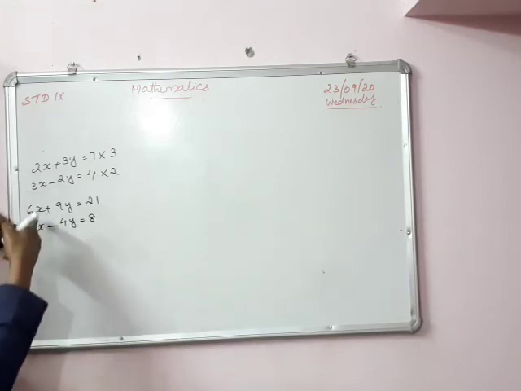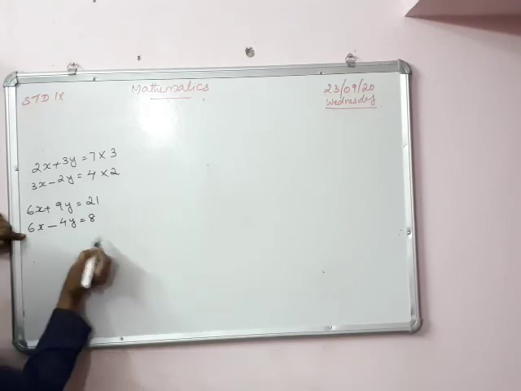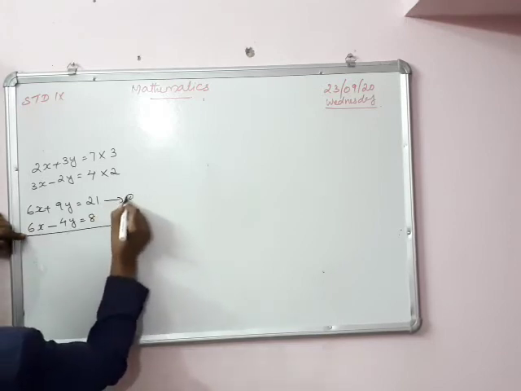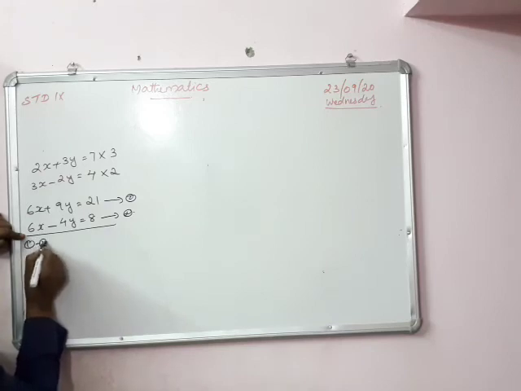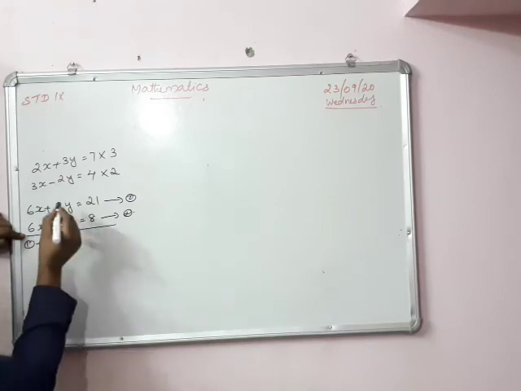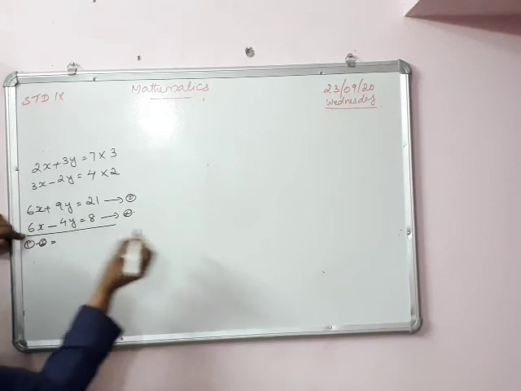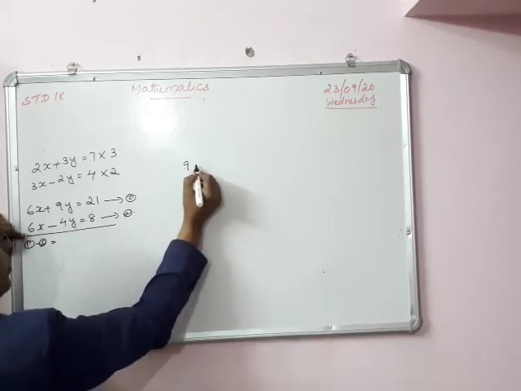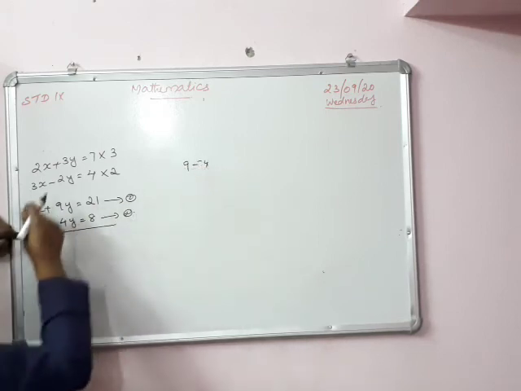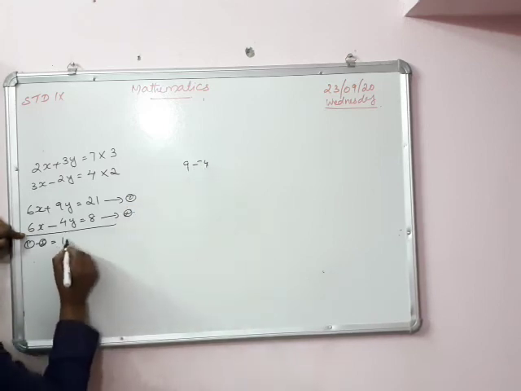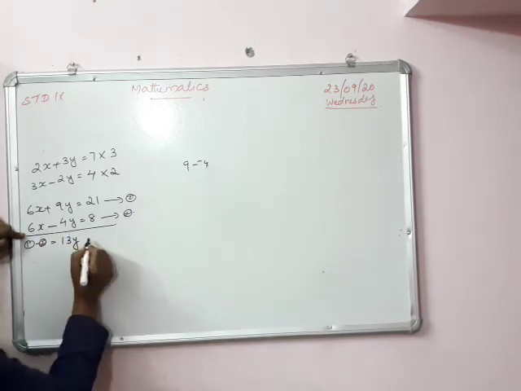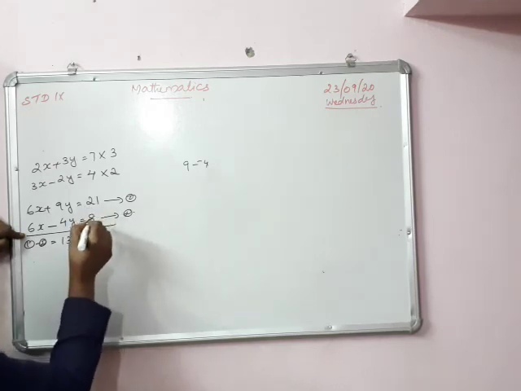Now see, 6x minus 6x becomes 0. Equation number 1 minus equation number 2. Then 9y minus 4y, because we are subtracting, it will become plus 13y is equal to 21 minus 8.